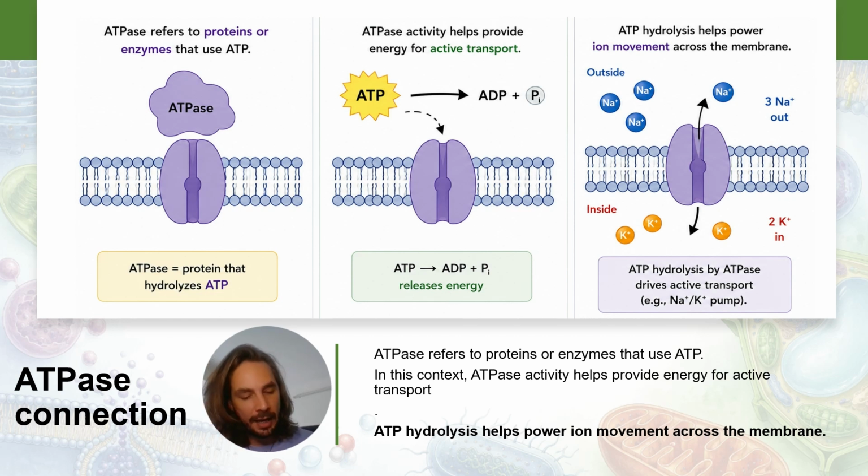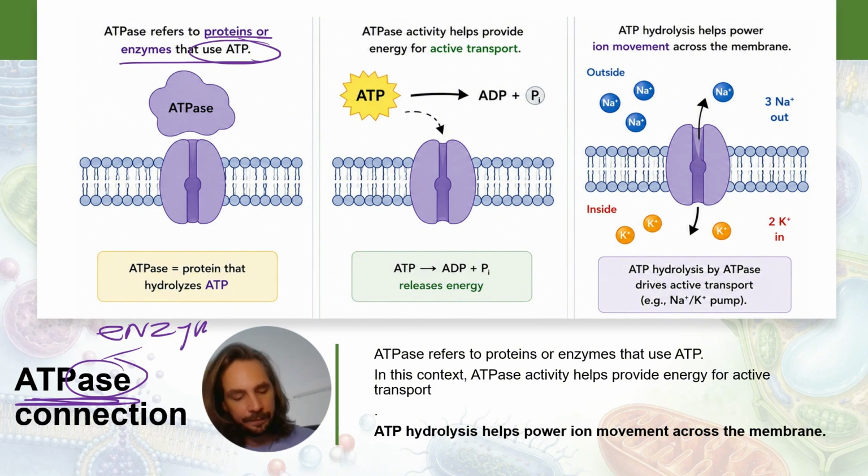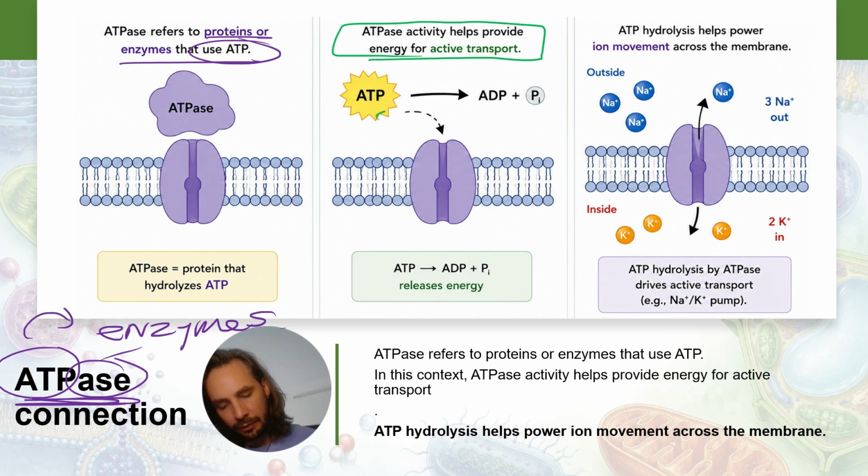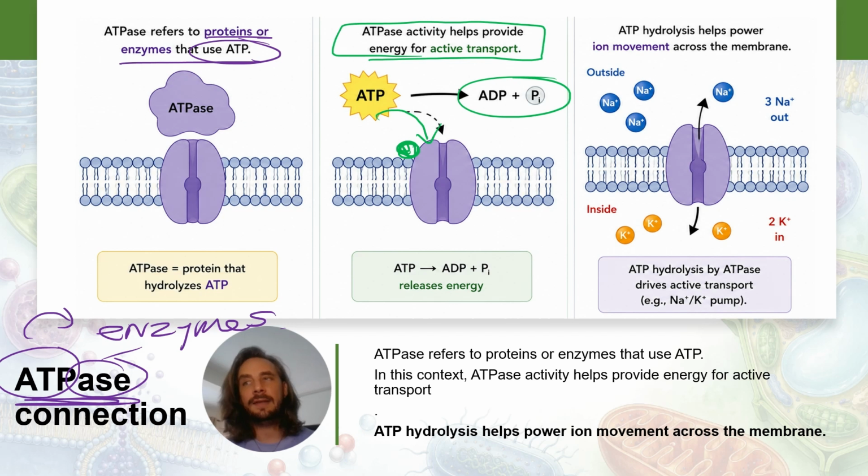Now, the ATPase connection. ATPase refers to proteins or enzymes that use ATP, because ASE means enzyme. It helps provide energy for active transport. So if ATP binds to this protein, the phosphate group is released and attaches to that protein, and this releases the energy from ATP.